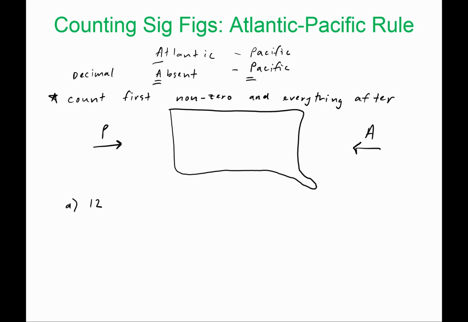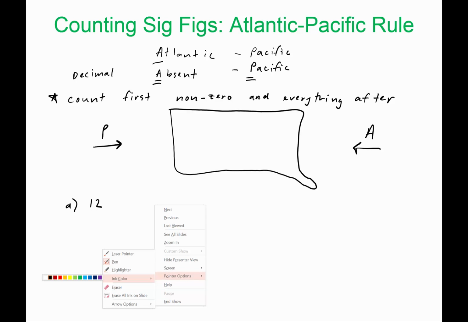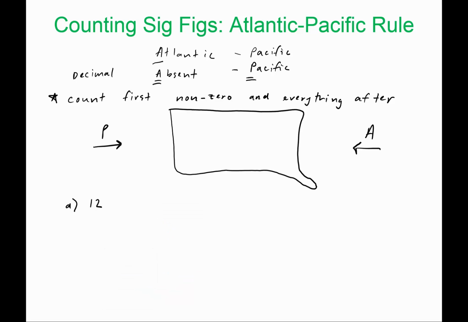So the number 12. Ask yourself, do you see a decimal point? Is the decimal point present? No, the decimal point is absent. So you begin counting from the Atlantic side, and you count the first non-zero. This is not a zero, so it counts. So the first non-zero and everything after counts.